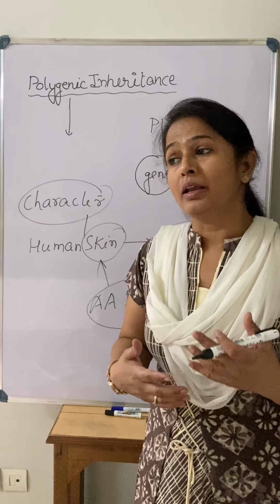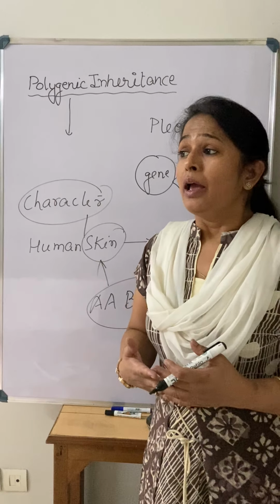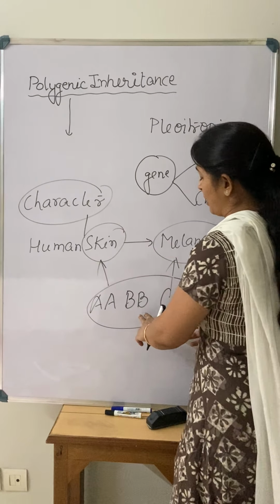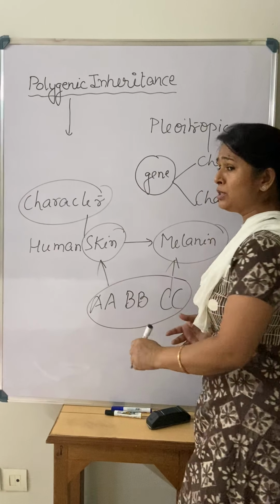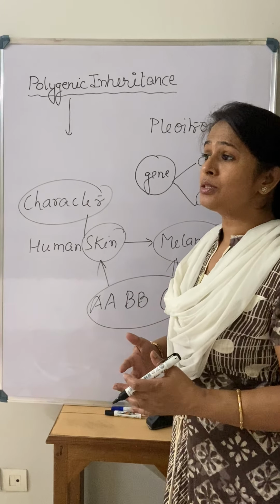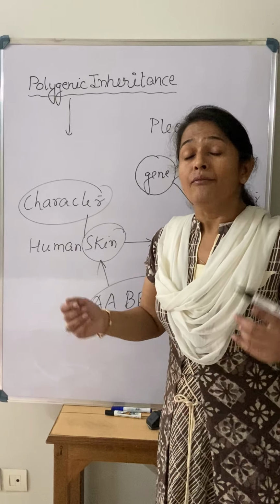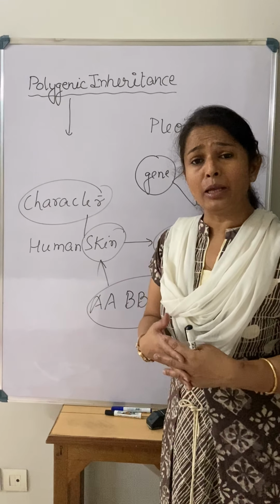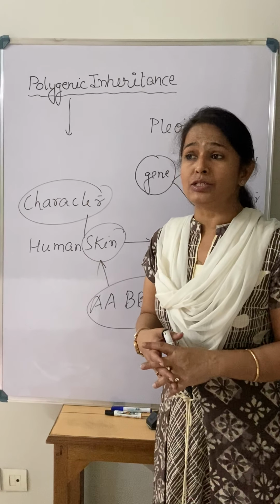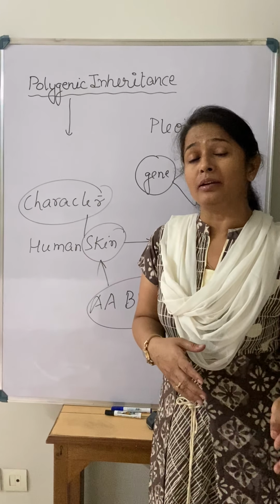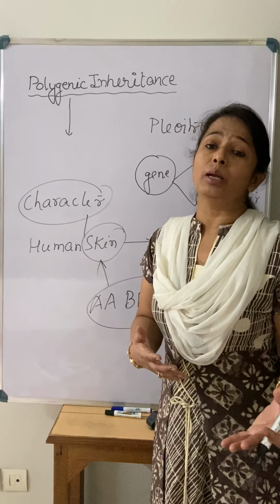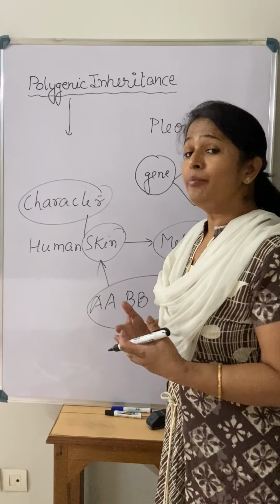The distribution of the skin color depends on these three pairs of alleles. When the gametes fuse, there is crossing over between the two gametes and an exchange. Due to that and the environmental factor, variation will come out, right? So there is a possibility of different types of skin color in human beings.